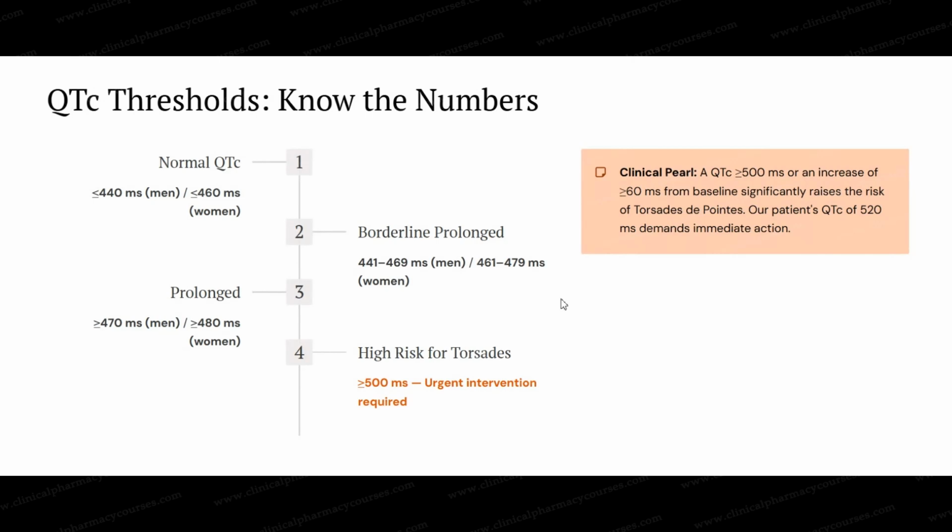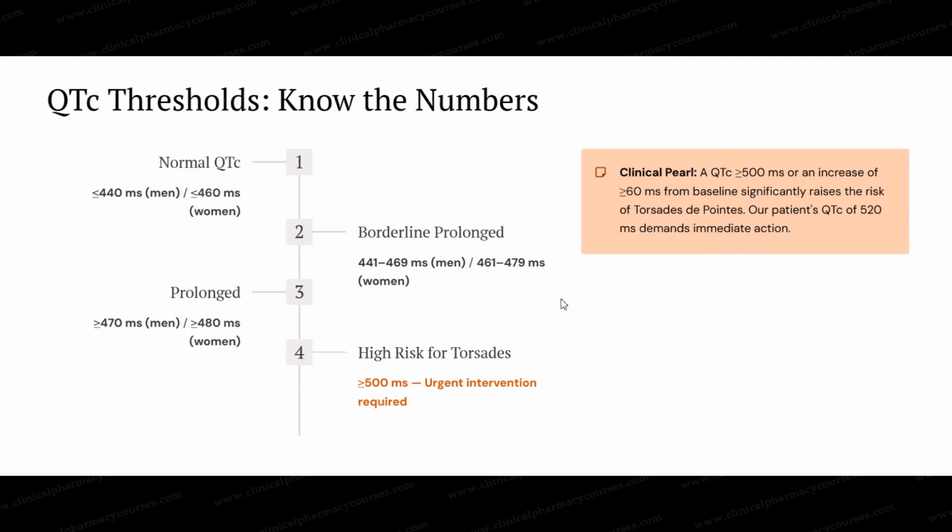Now, I just want to highlight some important numbers on this slide. A normal QTc is usually below 440 milliseconds for men and below 460 milliseconds for women. So up to 460 is fine in women, and up to 440 is fine for men, but not higher than that. A borderline prolonged QTc is 441 to 469 milliseconds in men, and 461 to 479 milliseconds in women.